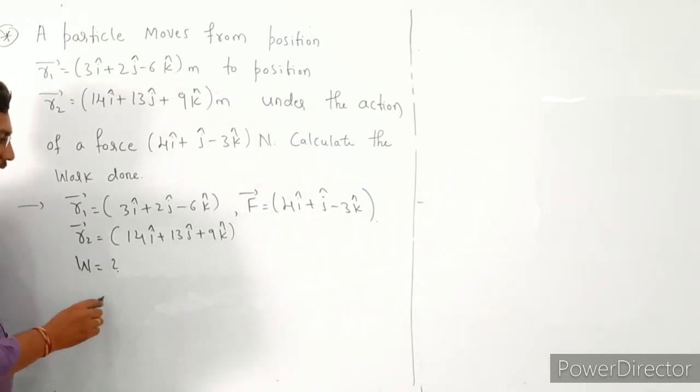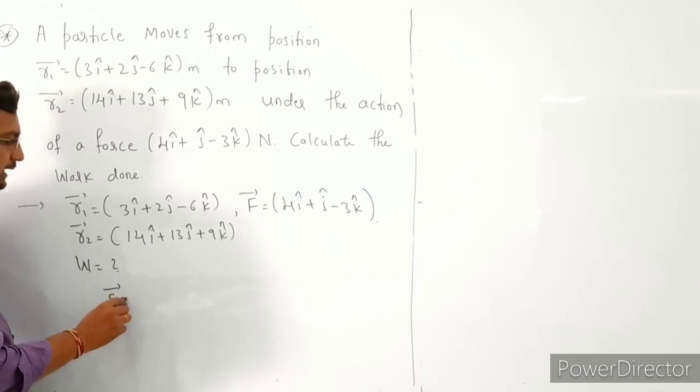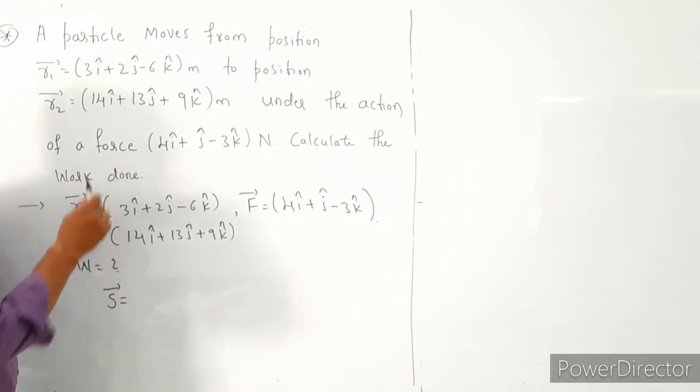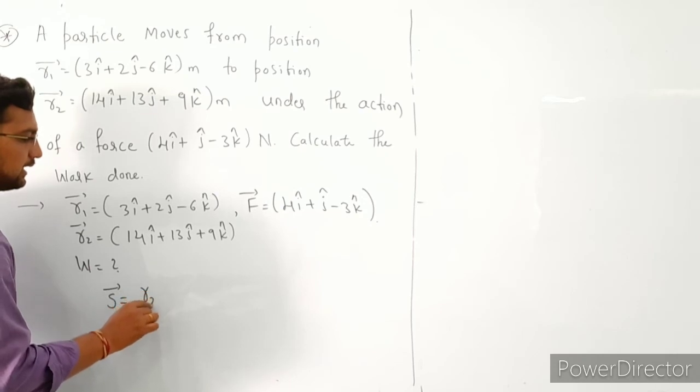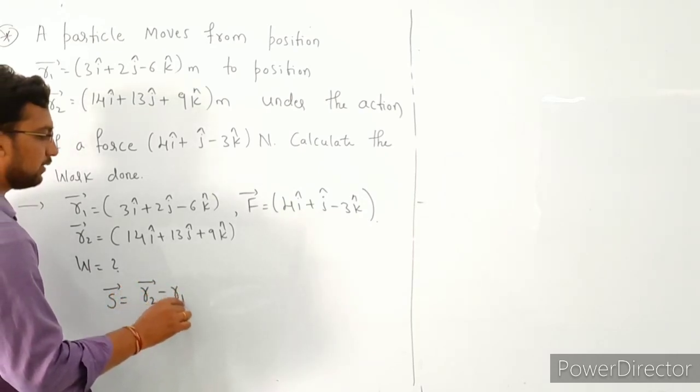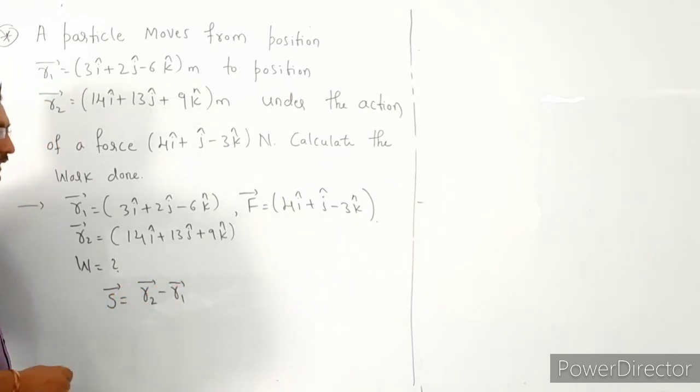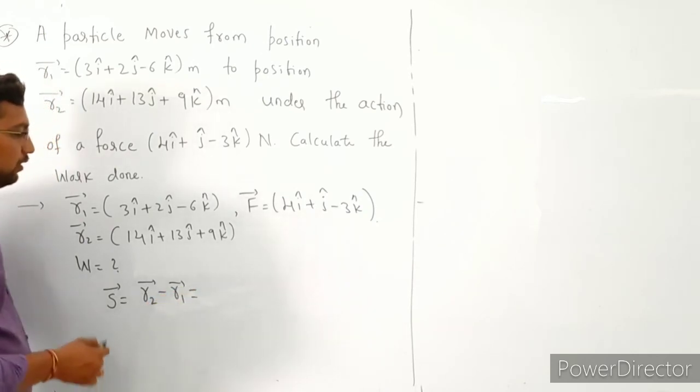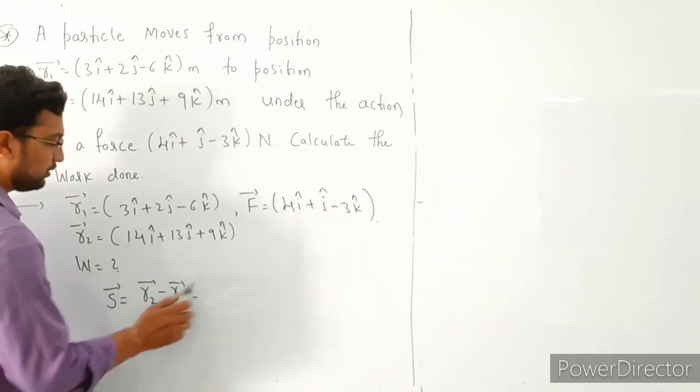First we are going to find out the displacement. So displacement is equal to final position minus initial position, that is R2 vector minus R1 vector, or R2 minus R1. What is the R2 value here? Substitute.